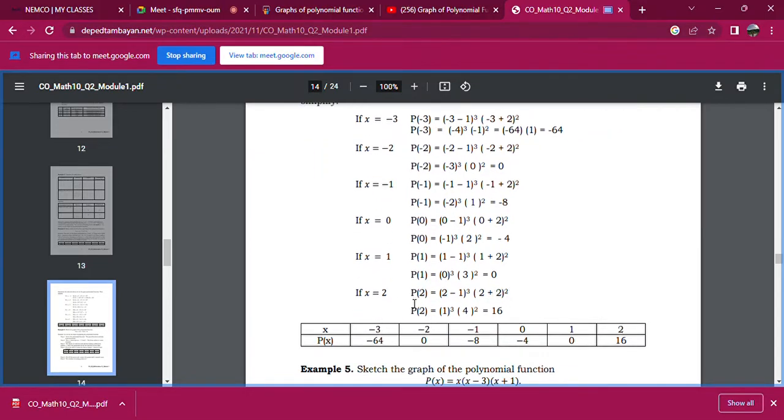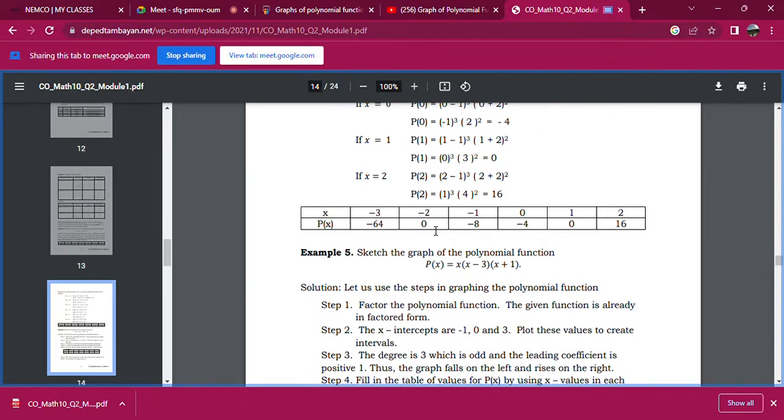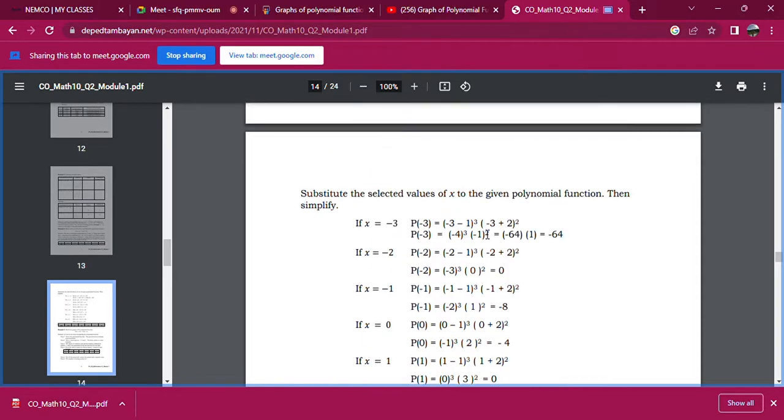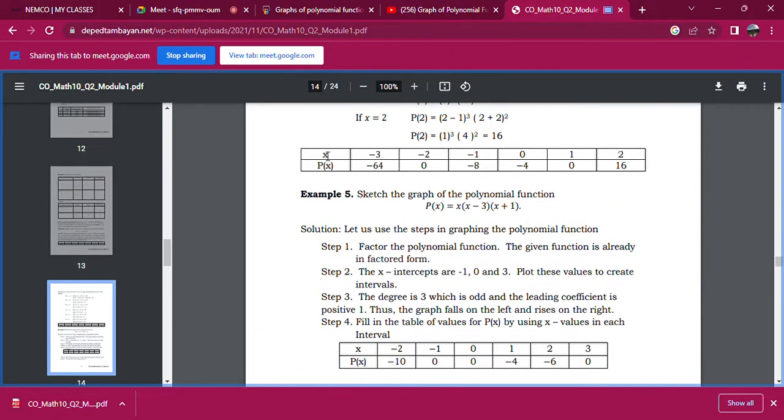And if x is equal to 2, then you have 16. So we have negative 64, 0, negative 8, negative 4, 0, and of course, 16. This is what we mean when we find the values of x and p of x of the polynomial function.